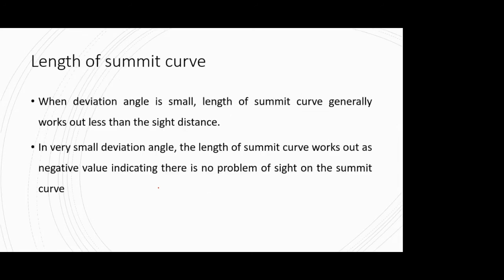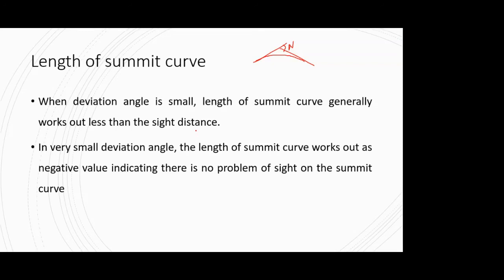Yeah, and before we finish length of summit curve, just two points related to it. If the deviation angle n is small, then the length of summit curve, whatever L value we calculate, generally works out to be less than the side distance. If there is a small deviation angle, that means your curve is a flat one.